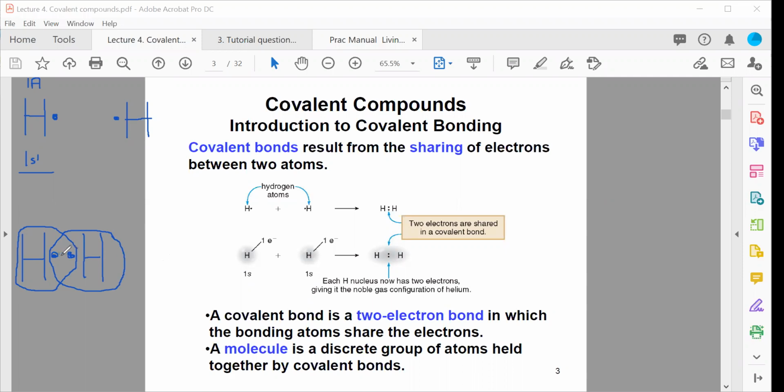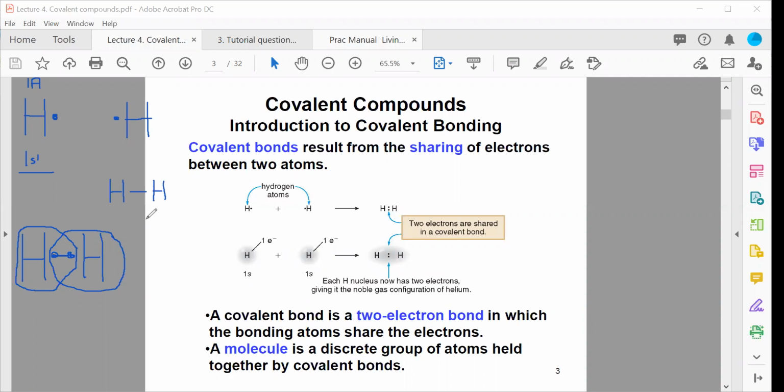So the sharing of those electrons is referred to as a covalent bond, and that covalent bond is normally drawn as a single line in between the 2 atoms.